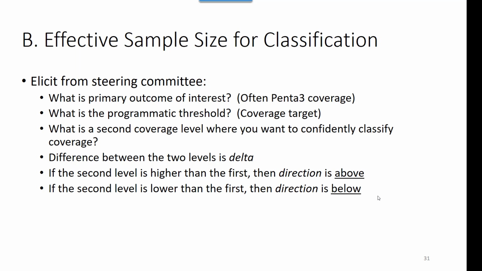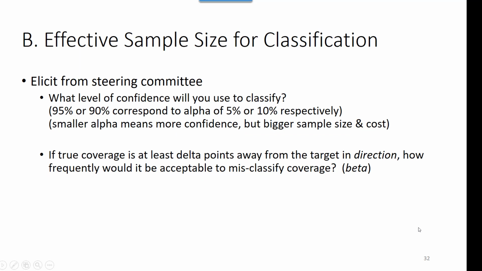The difference between the programmatic threshold and the second coverage level is a quantity that we call delta. And then if the second level is higher than the first, then we have this quantity from the tables that we call direction, and direction is either above or below. So if the second level is higher than the first, then direction is above. If the second level is lower than the first, then direction is below.